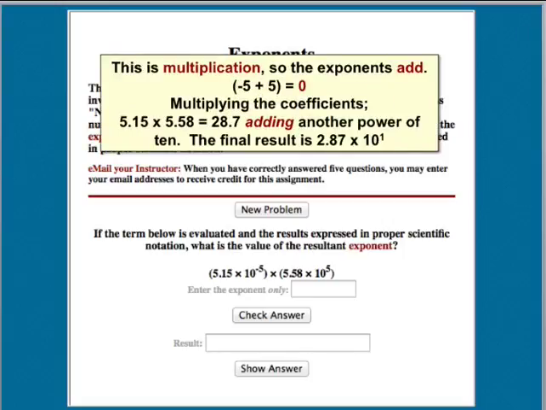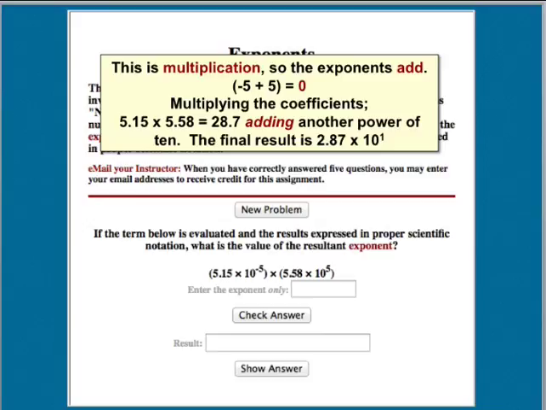Multiplication, exponents add. We have -5 plus 5, that's 0. We're at 0. Now we look at the coefficients. We have 5 and 5. That's about multiplying this 28. So that gives us another power of 10, doesn't it? That's 2.8 times 10 to the first, this guy.